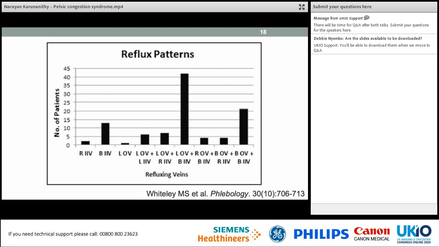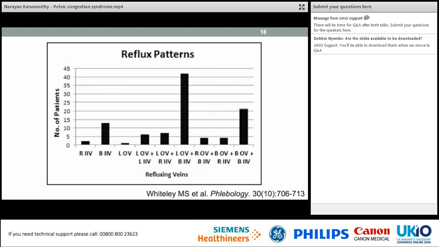Interestingly, they found that by far the most common pattern of reflux was bilateral internal iliac vein and left ovarian vein reflux, followed by bilateral ovarian and bilateral internal iliac vein reflux. And the third most common pattern was bilateral internal iliac vein reflux. So it's relatively rare that you only get isolated ovarian vein reflux in these patients.